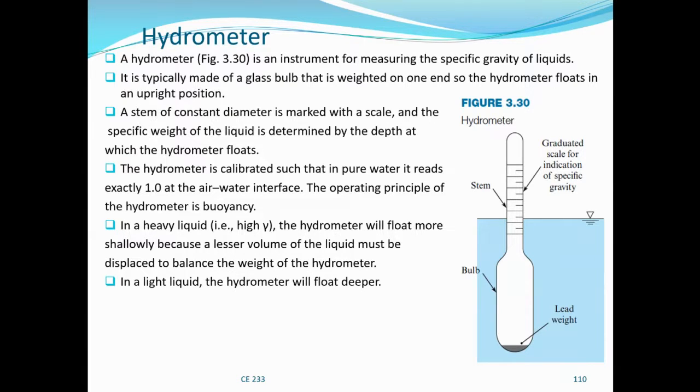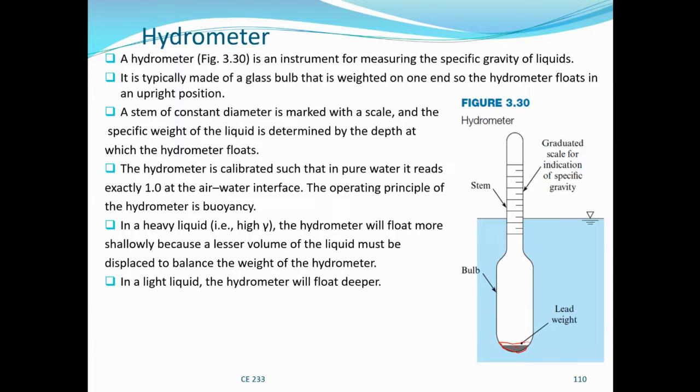It is typically made up of a glass bulb that is weighted on one side, so the hydrometer floats in an upright position. You have the lead weight here, so that it floats in an upright position.